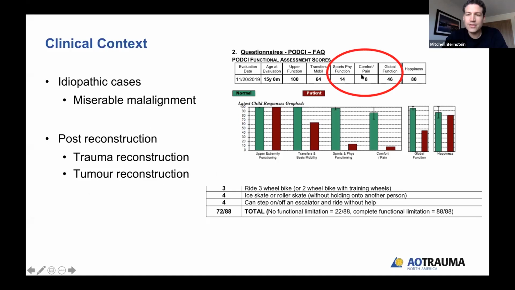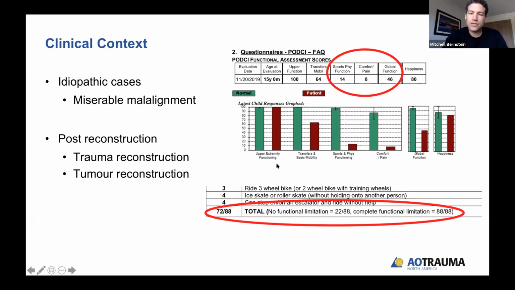She has an 8 score as opposed to 100, which is normal, in comfort of pain. And global function 46. Down here, this is another objective score. 88 is almost complete functional limitation. So these patients are quite disabled, and this is all rotational deformity.